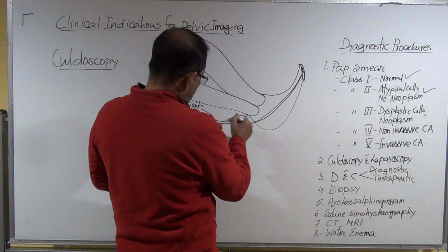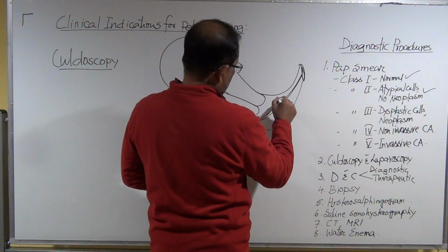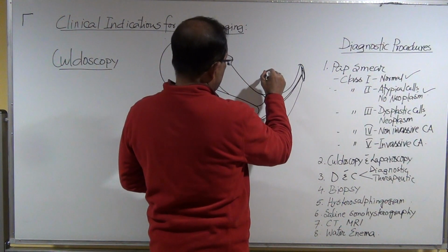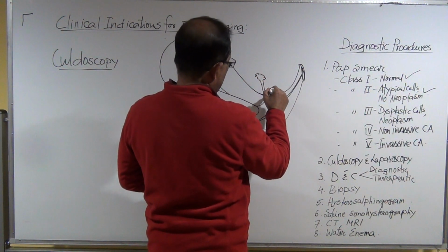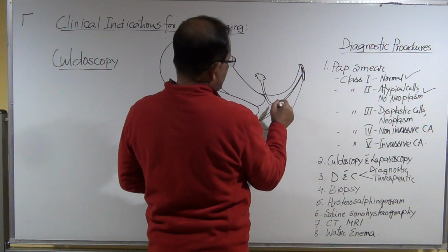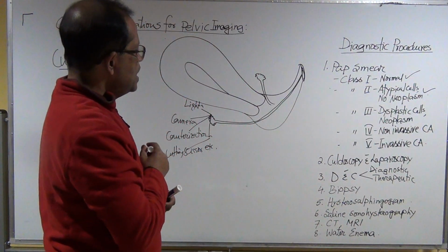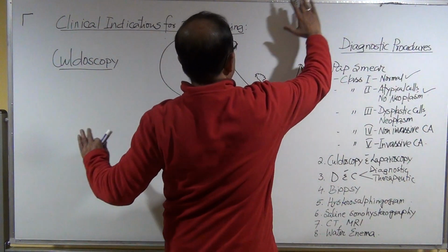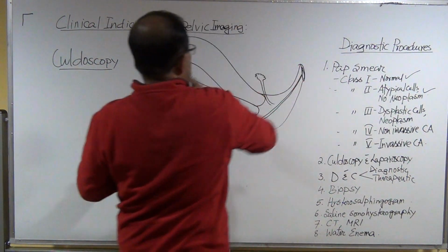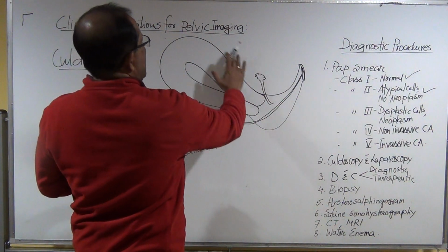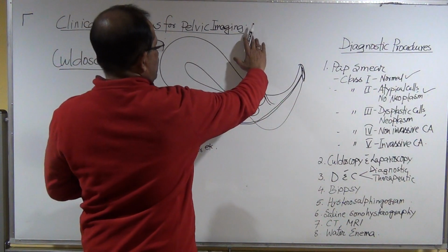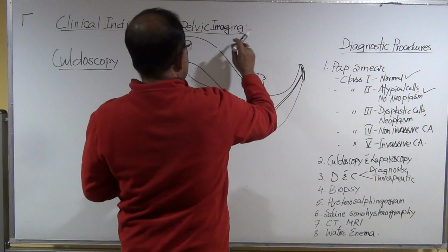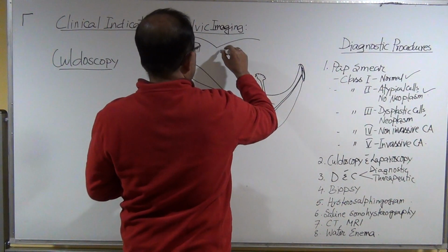It can go through the posterior fornix, or through the anterior fornix, and they can see the pelvic cavity, the adnexal cavity. They can see outside of the uterus, they can see the ovary. The ovary is right here. You remember the ovary?